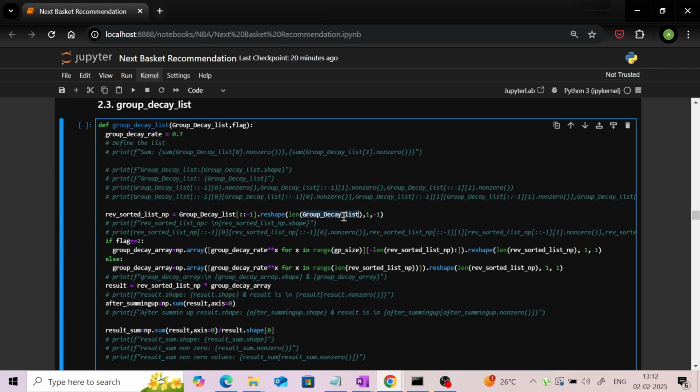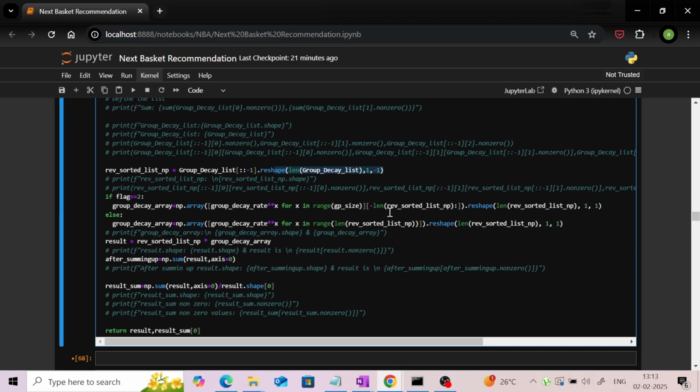Then we are reshaping it into length of the group decay list, which is basically 7 comma 1 comma minus 1. So we are just reshaping it into 7 groups having 1 by minus 1, meaning 11997 products.